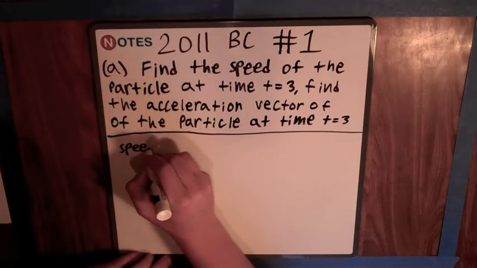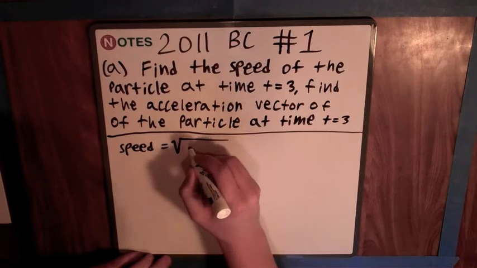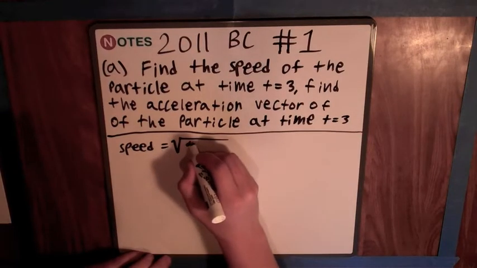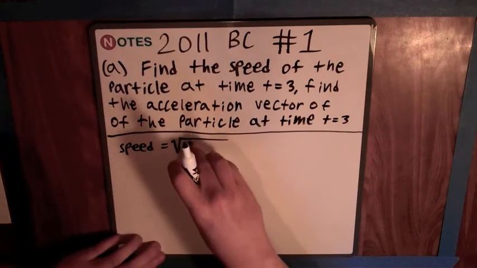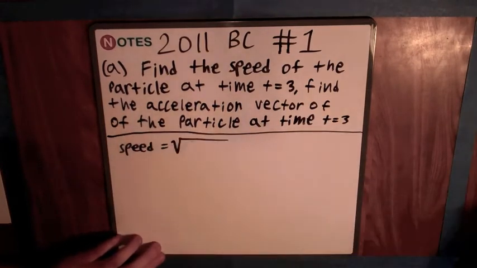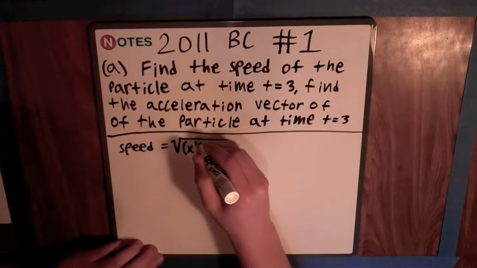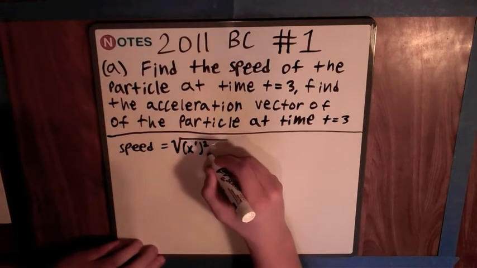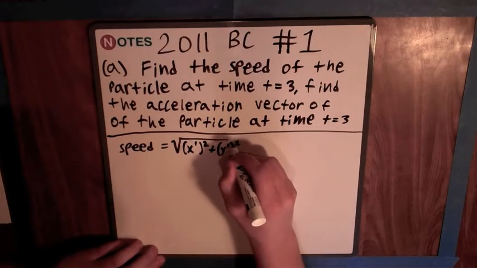Speed equals square root of x prime squared plus y prime squared.